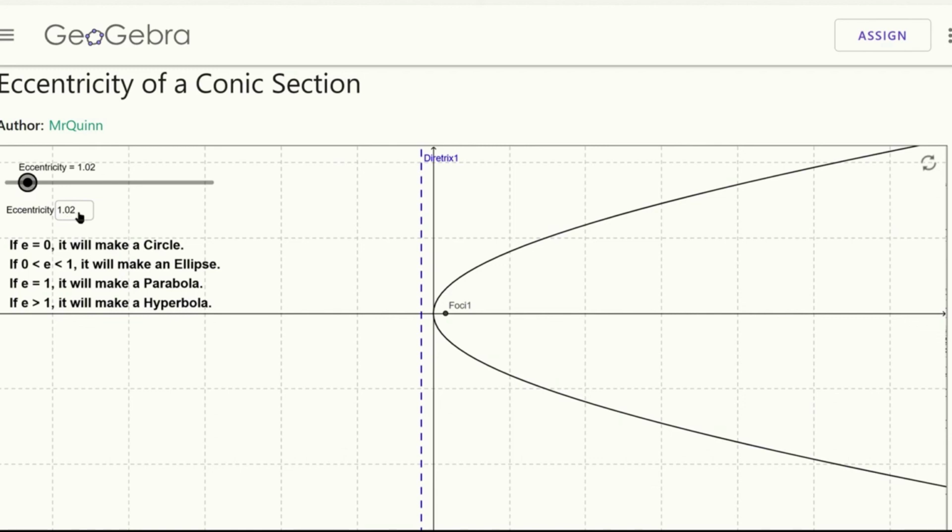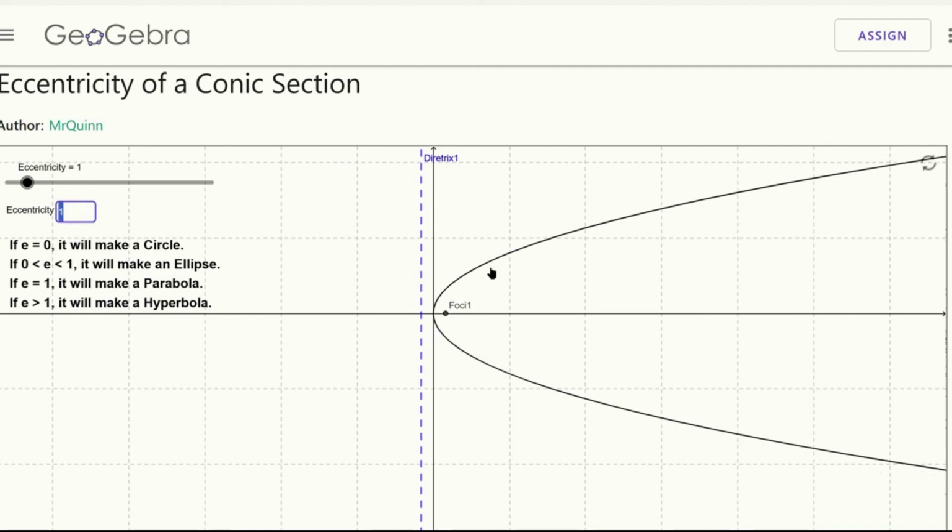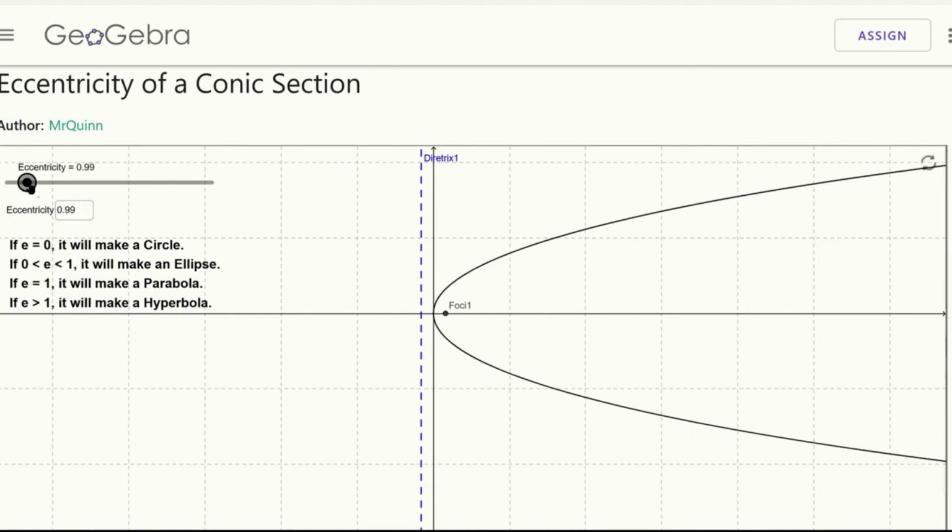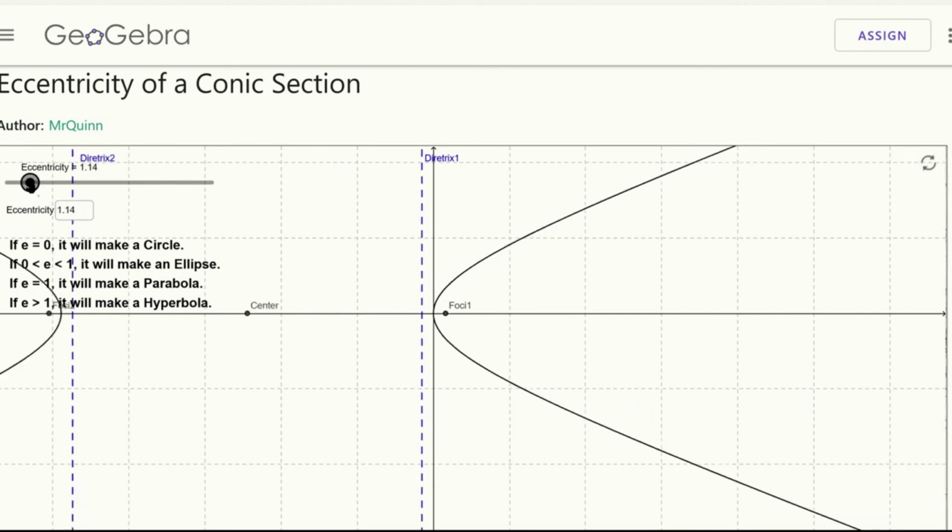Now there's only one instant at exactly 1 where we get a parabola, and as soon as we go above, it's hard to get it like that, so we can just type it in. That's the nice thing here. So right there we have the parabola, and as soon as we start moving toward higher values after 1, we start getting the hyperbola.